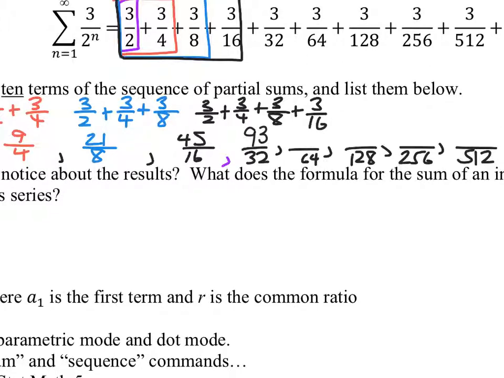Plus 96, 189. Plus 192. So 381. Plus 384.